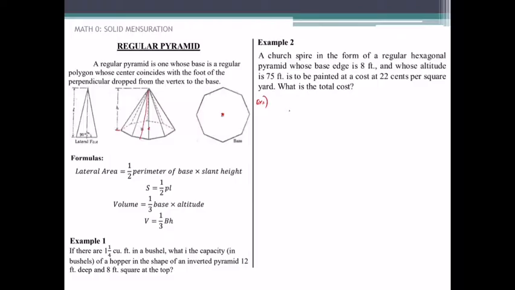So we have an inverted pyramid wherein square ang ato ang top. So instead of ang base na sa ubos, so ari sa gibaliman, so na siya sa babaw. So this is our pyramid now.